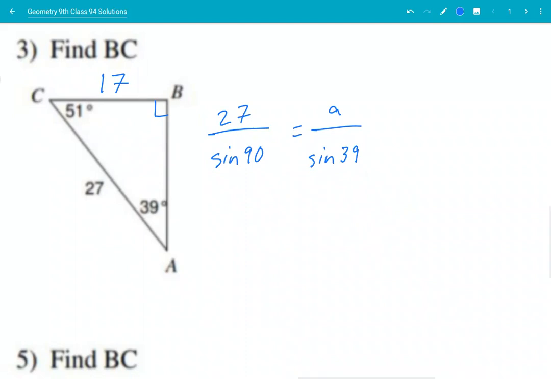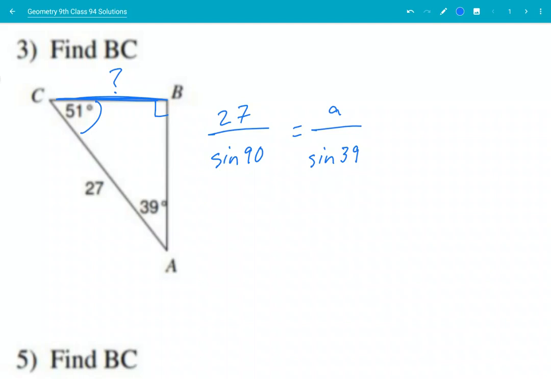Now, guys, watch this. Let's just imagine we don't know that side right there, but we want to find it using SOHCAHTOA. We can use SOHCAHTOA because it's a 90 degree angle, because it's a right triangle, right? So we're going to make 51 degrees the reference point. If 51 is the reference point right there, then the question mark is the adjacent side, and the 27 is the hypotenuse, right?